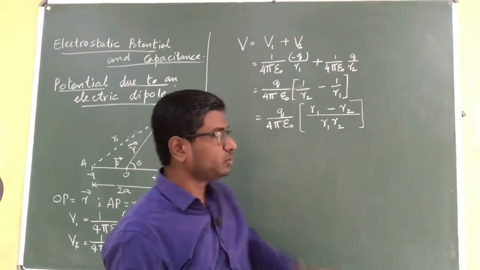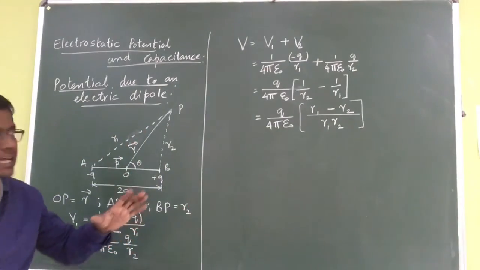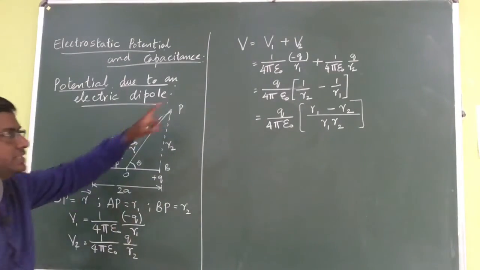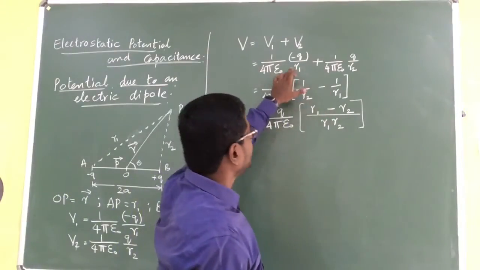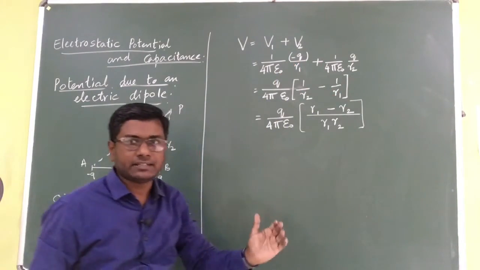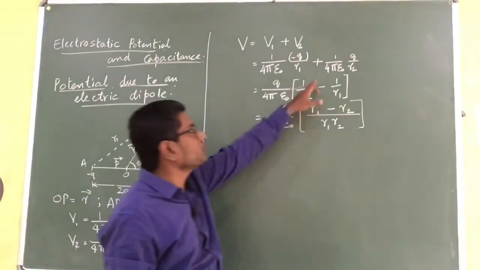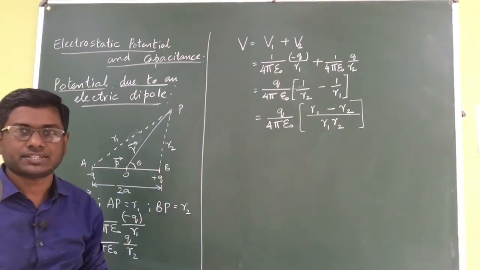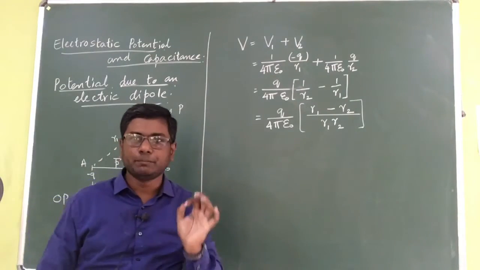After that, the total potential will be the algebraic sum of the individual potentials, so we add them. And in the addition, because there is a minus sign, I am going to take that minus term later and take the positive term before. So just in the next step, we have taken the LCM. Till this thing, it is simple mathematics.